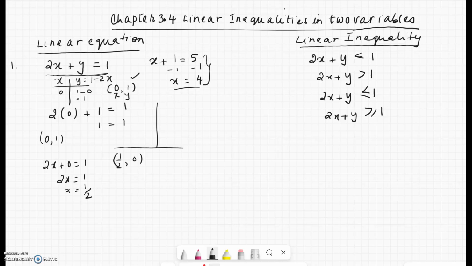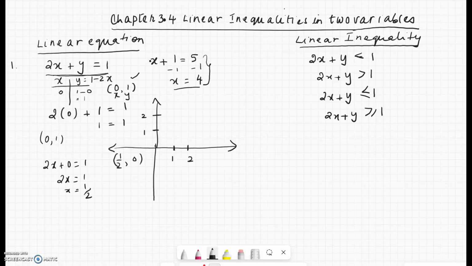Now we know the x and y intercepts, which are 2 points on the graph. One of the points is 0, 1. Let's say this is 1 and that is 2 and so on. So this is 1, this is 2, this is 1, this is 2.